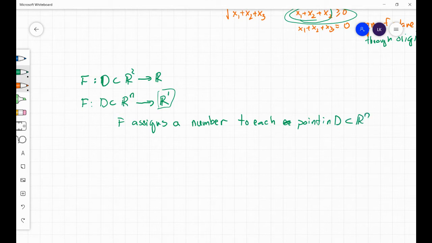So think of an example, let's say the weather map. For each point on the map, I assign a number, which is temperature.